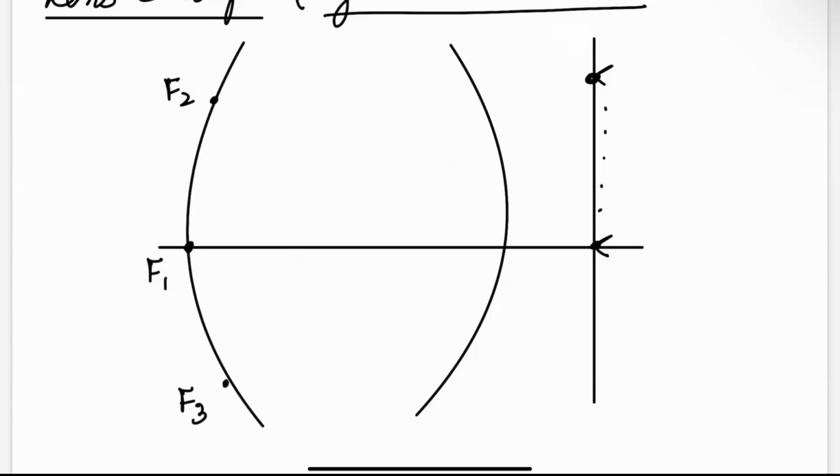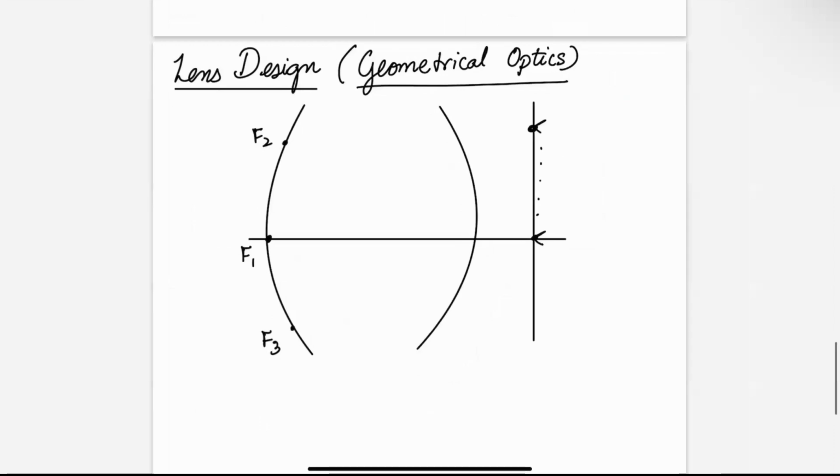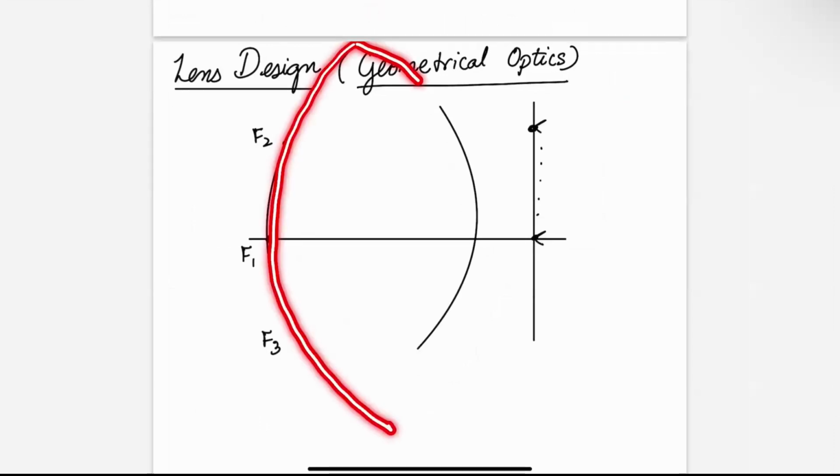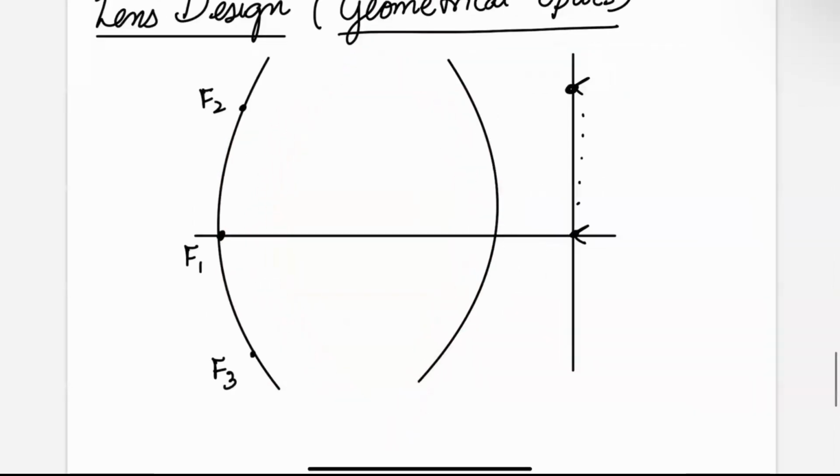Maybe something like this. Okay, so this is essentially the lens, this whole thing. So it would look something like this, but I'm only drawing part of it.